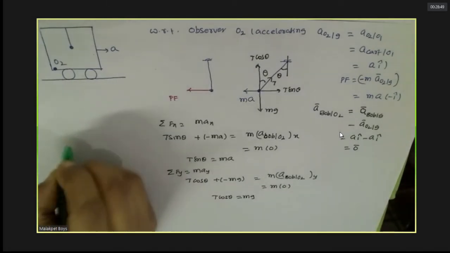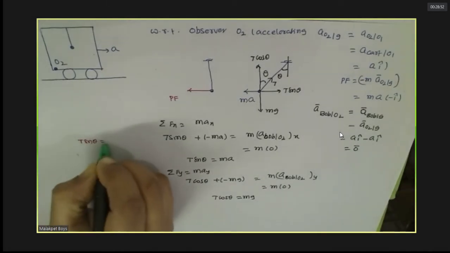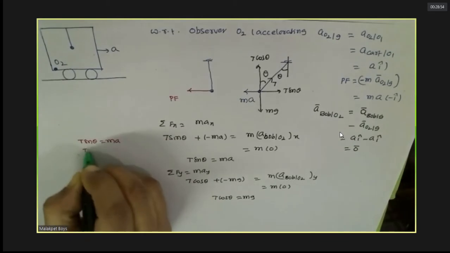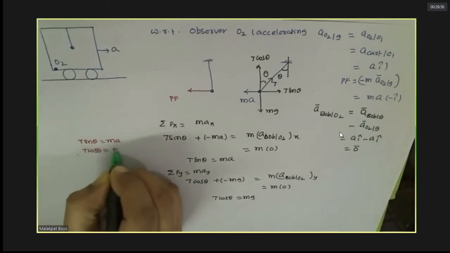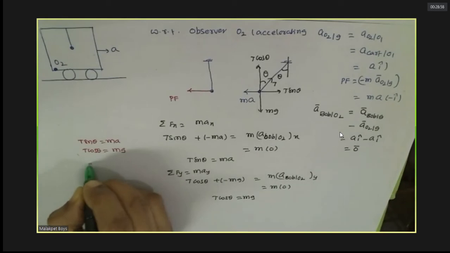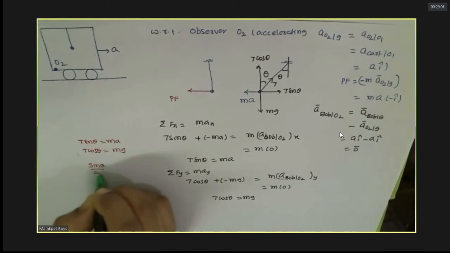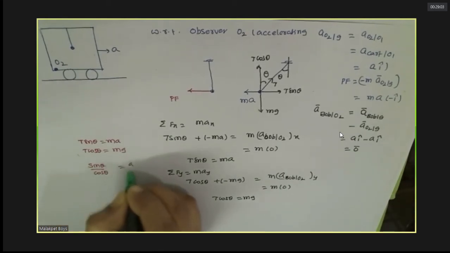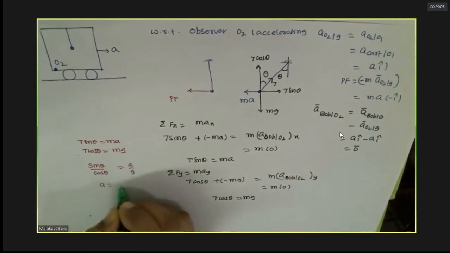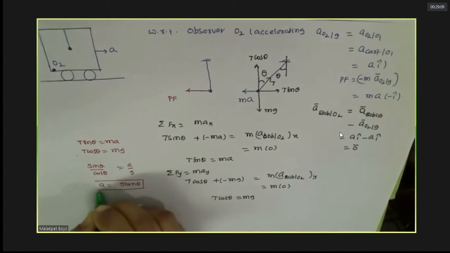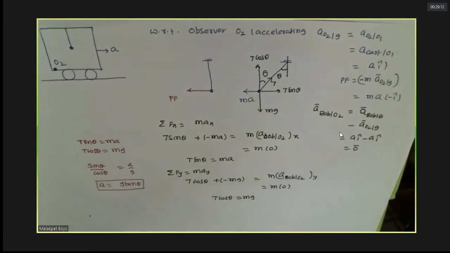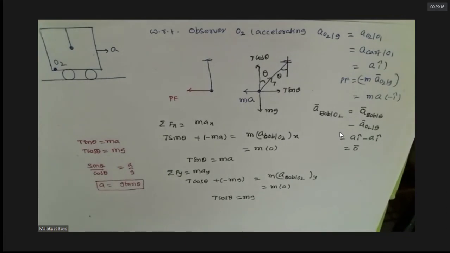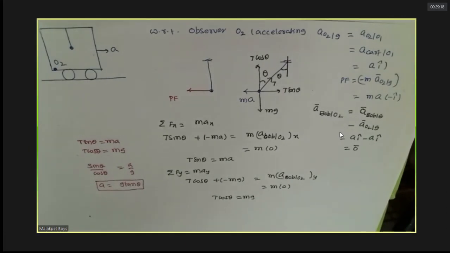So you have T sin theta equals ma and T cos theta equals mg. If you divide one by the other, a equals g tan theta. Same thing you got as before, or not? Yes, sir. Any doubts? No, sir.